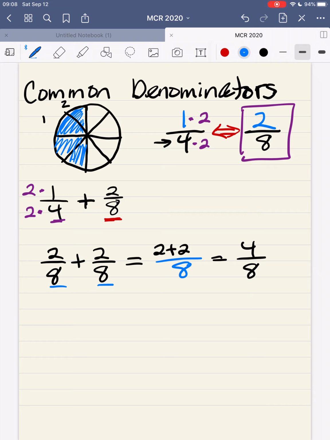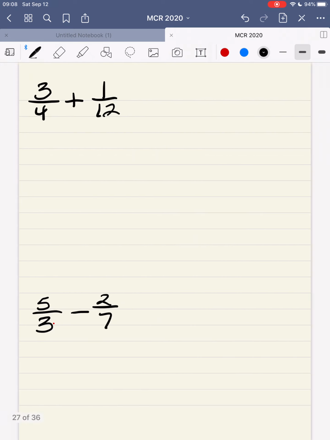Okay, so 4 over 8, I can divide top and bottom by 4 or change it to my multiples, and I ate half a pizza. Okay, so this is the whole idea of common denominators. We're trying to make the fractions into equivalent fractions so their denominators are the same, so we can go ahead and add those together. Right, let's go ahead and look at these 2 problems.